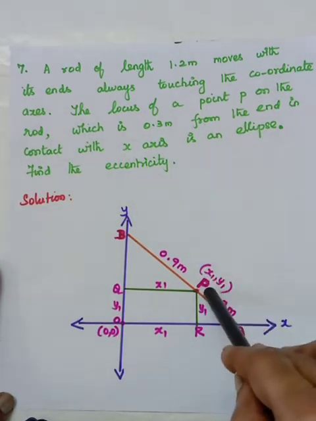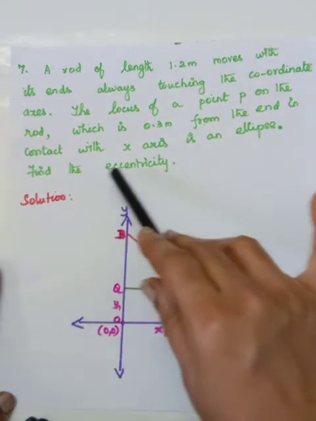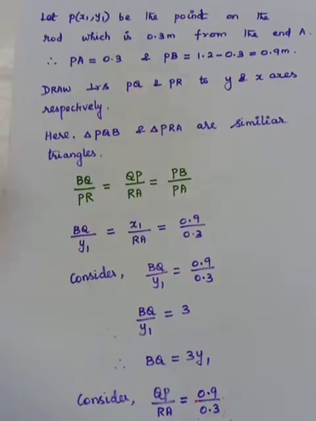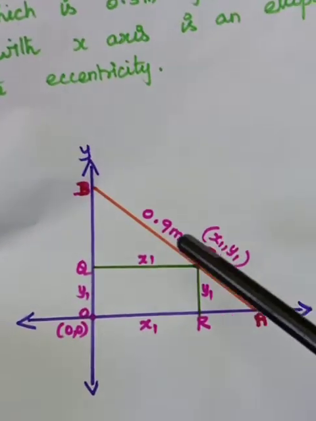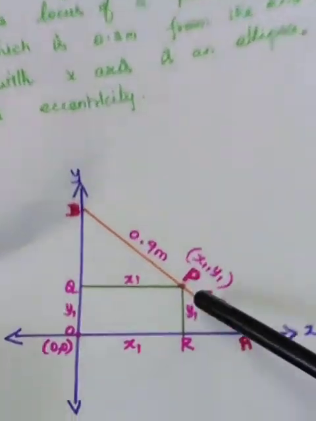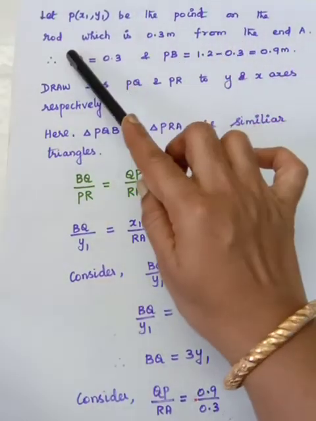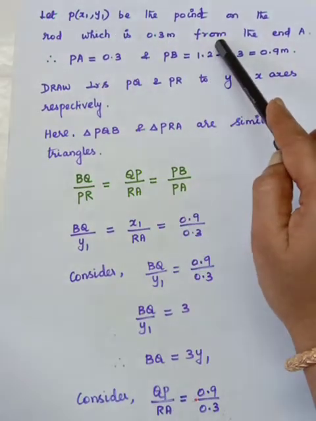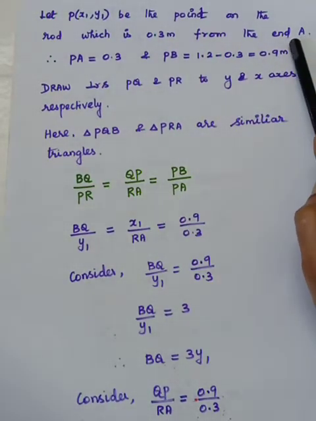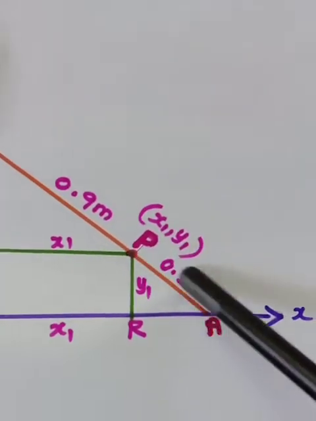We have to show that the path of this moving point is an ellipse, and we have to find the eccentricity also. The point P, whose coordinates we have taken as (x1, y1), is the point on the rod which is 0.3 meter from the end A. Therefore PA is 0.3 meter.